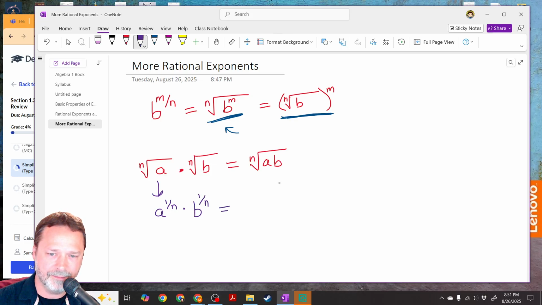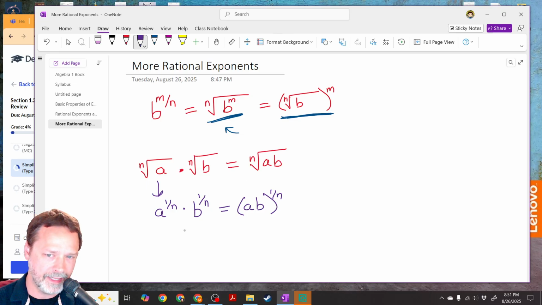And we have that property that says I can rewrite this as a times b to the 1 over n. Because when you have a product raised to an exponent, you can distribute the exponent throughout the different factors in the product. So there we go. A lot of these properties of roots come directly from properties of exponents.